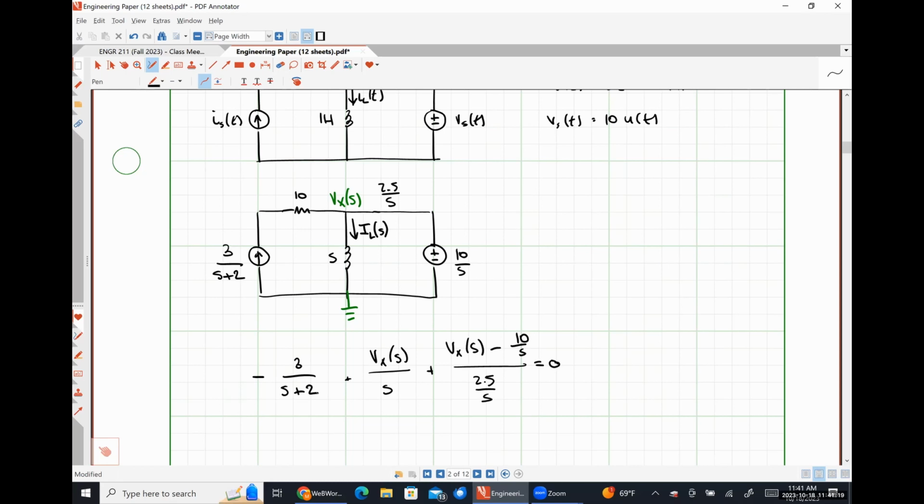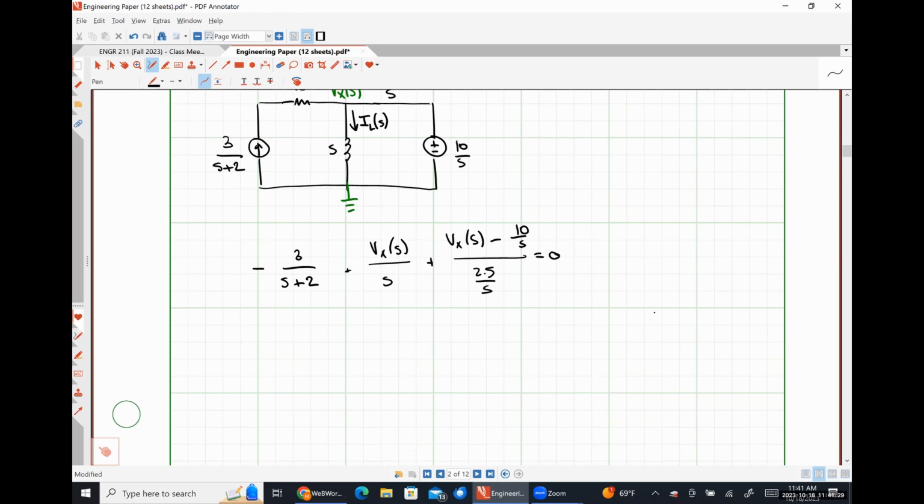From here, we would just do algebra to solve for Vx of S. So let me think about some things. Those guys would cancel each other out.